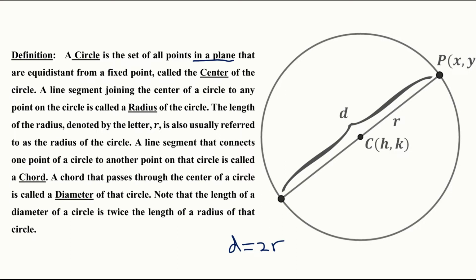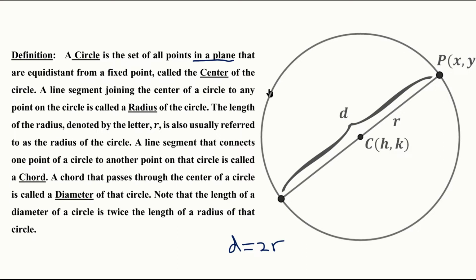It wouldn't just be a circle, would it? It would be an entire sphere. So if we wanted to define a sphere, we would just say a sphere is the set of all points in space that are equidistant from a fixed point. So the specification that we're restricting ourselves to a plane is important, so that we only obtain the circle.